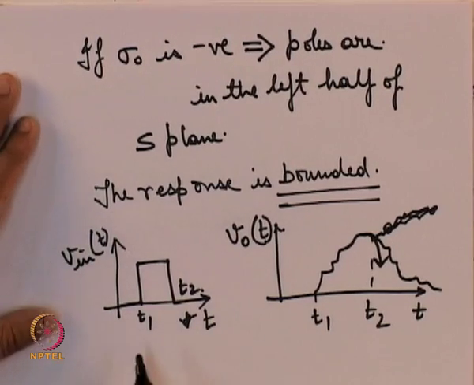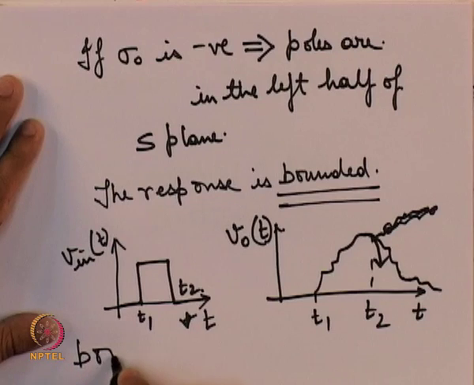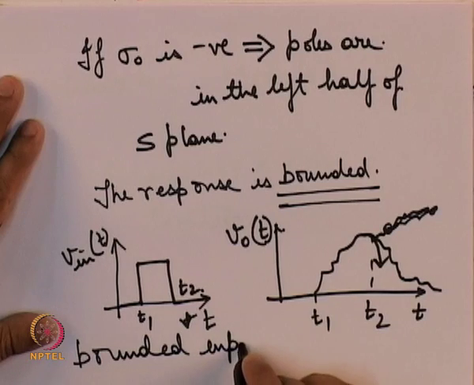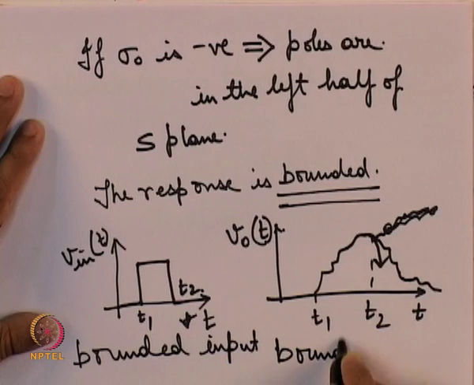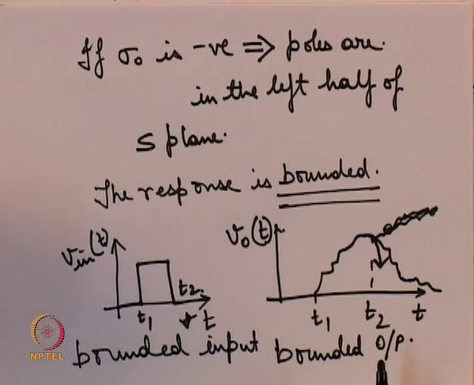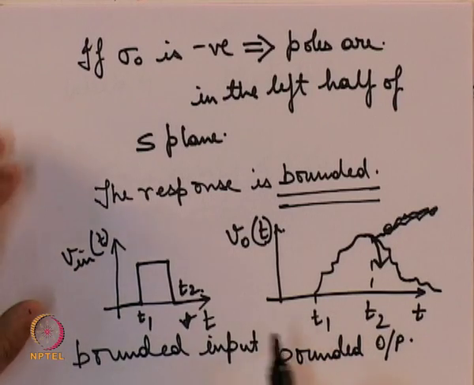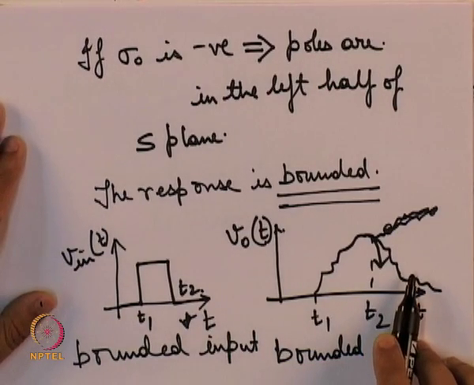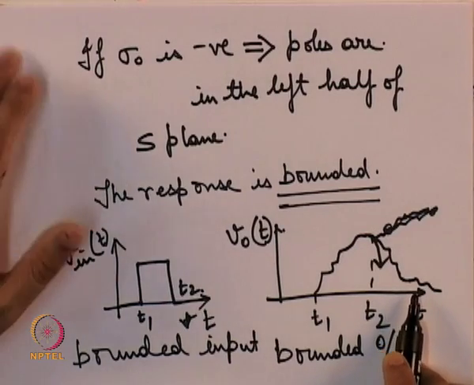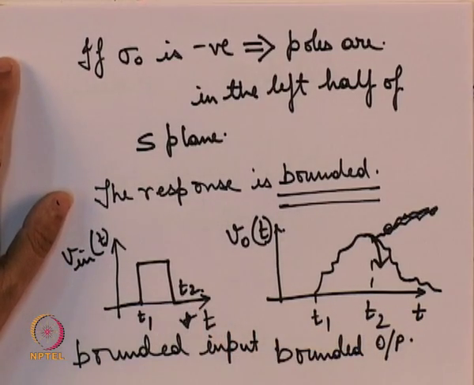Now, this kind of system is called a bounded input, bounded output system, and this is one of the characteristics of a stable system. If such a system is present, then we say the system is stable. Why? Because the output does not exist indefinitely after the input has been cut off.